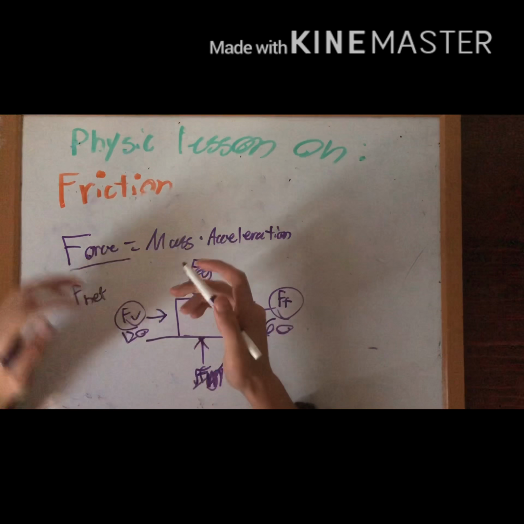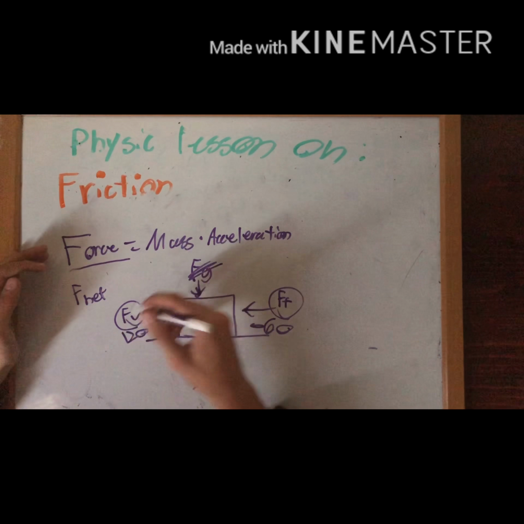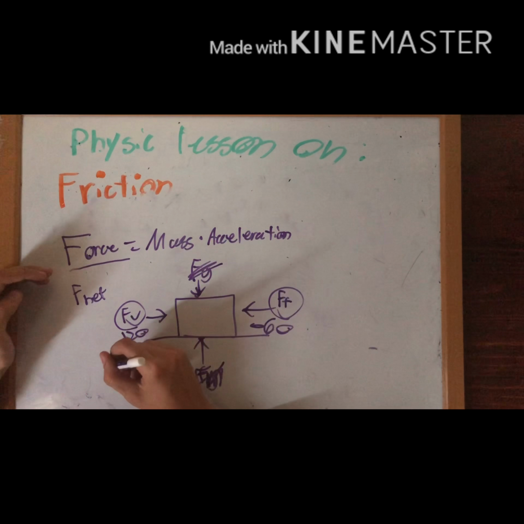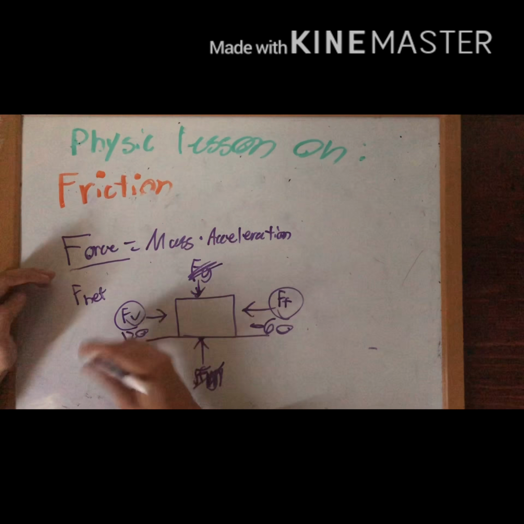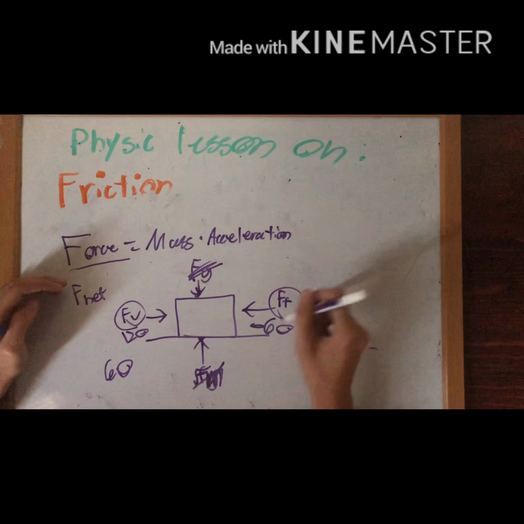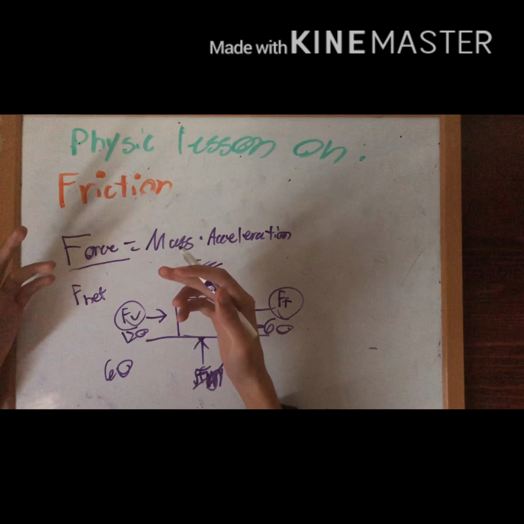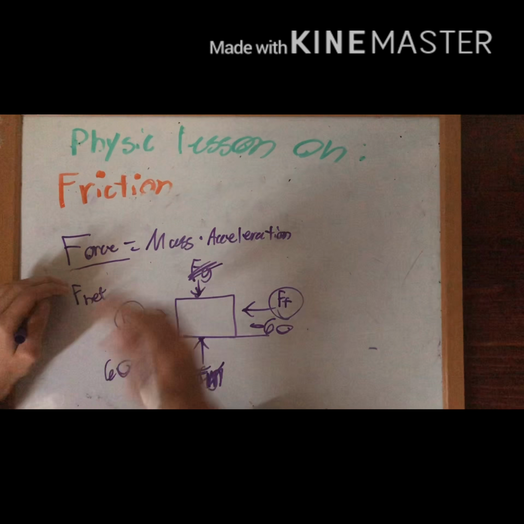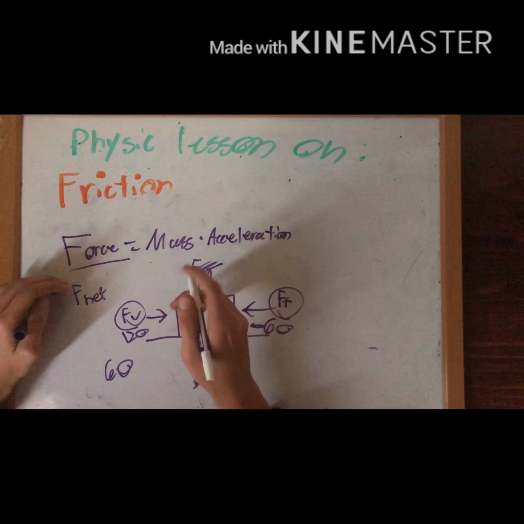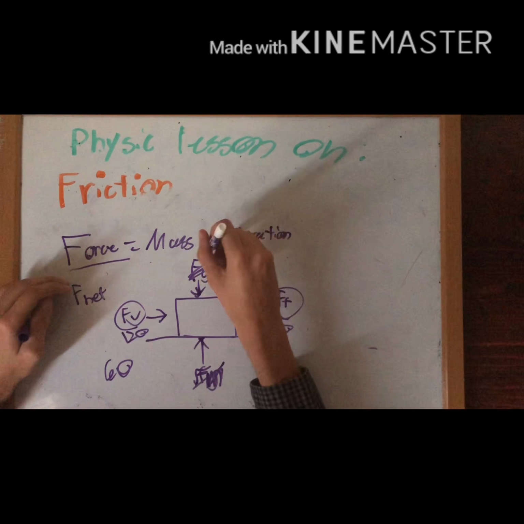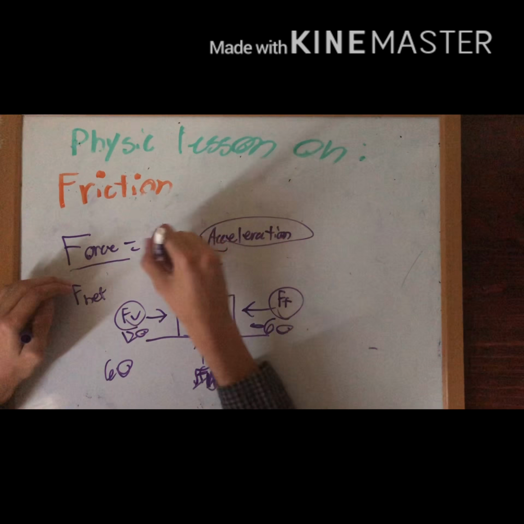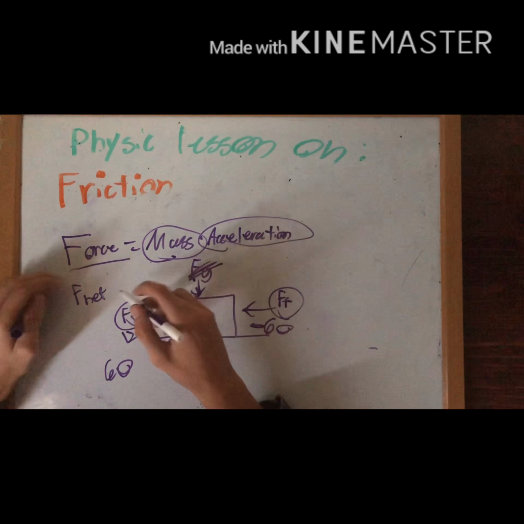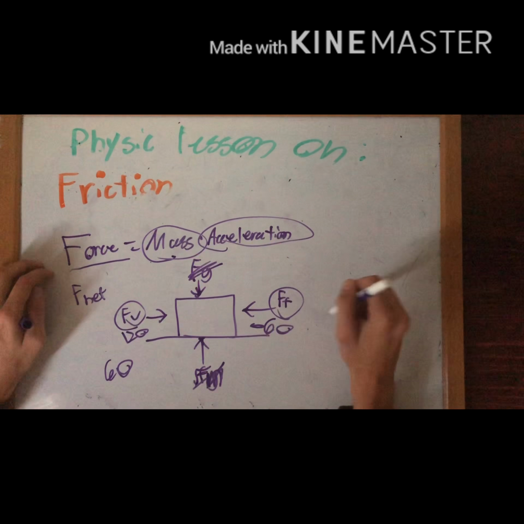So the net force would be 60, because 120 minus 60 is 60. And then you could also use that to find the acceleration or maybe even the mass. You just have to use your algebra.